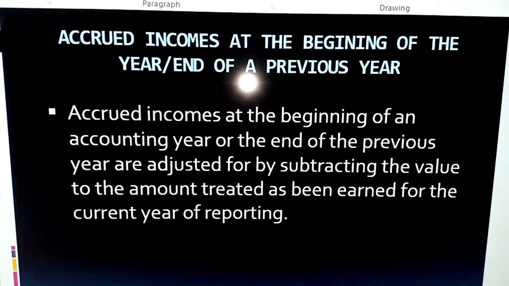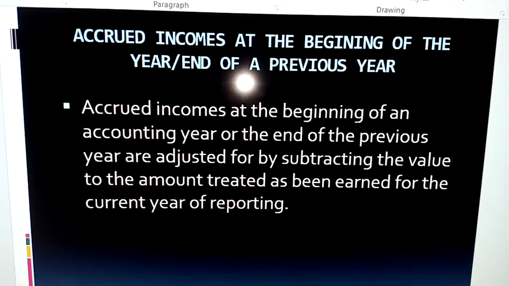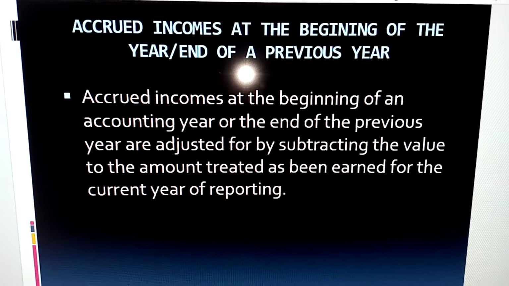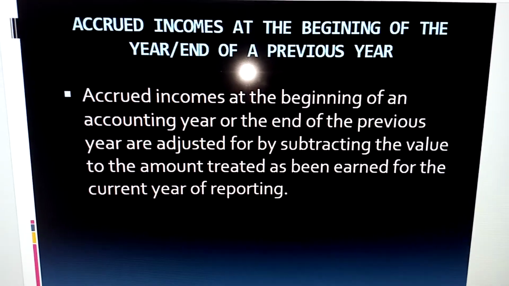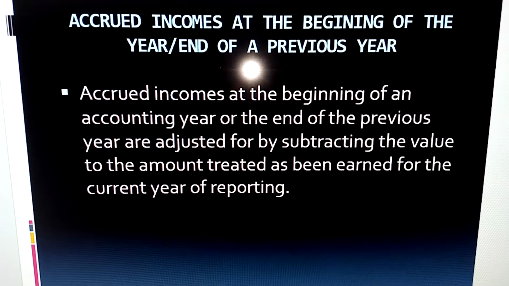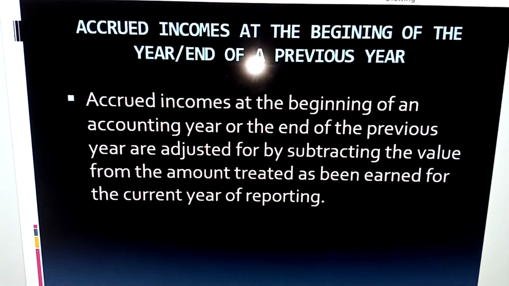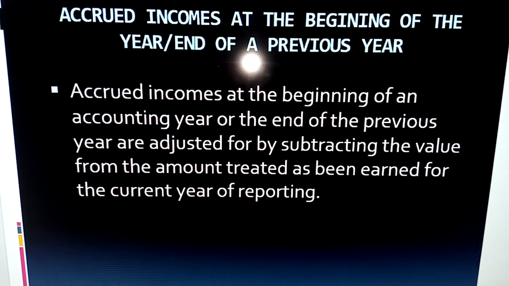In the same vein, accrued incomes at the beginning of the accounting year or at the end of the previous year is adjusted by subtracting the value from the amount treated as being earned for the current year.